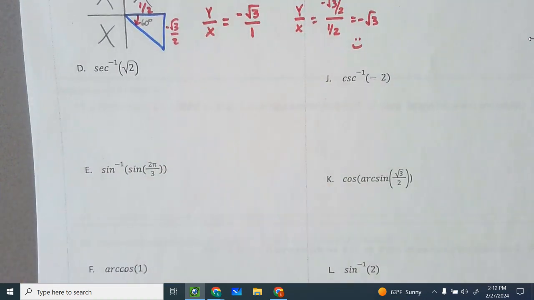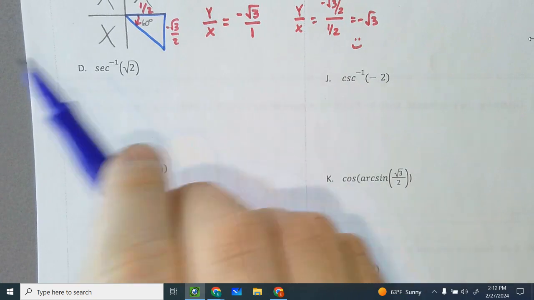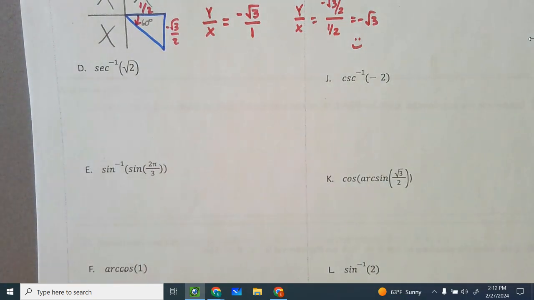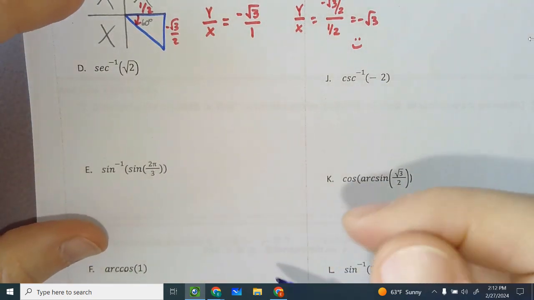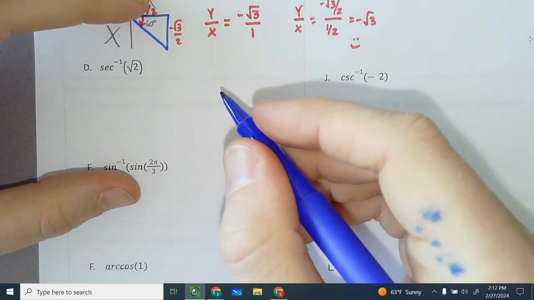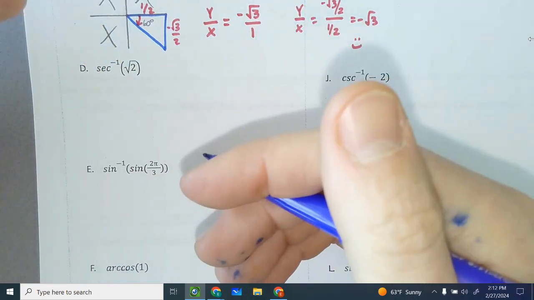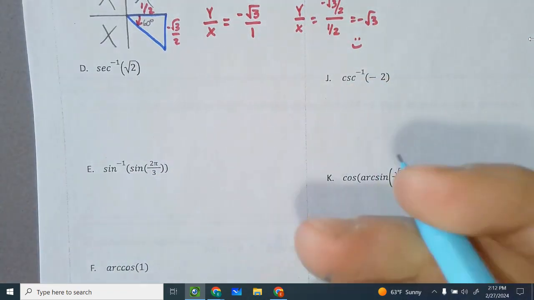Continuing on to D. You're going to see problems like this where it is an inverse trig function that we don't like secant. What I'm going to suggest to you is this. We know that secant and cosine have reciprocal ratios.